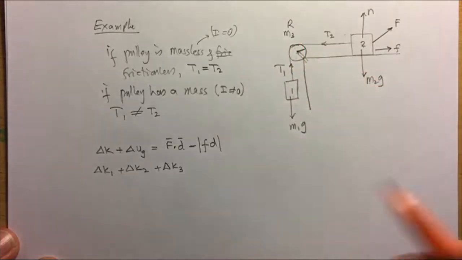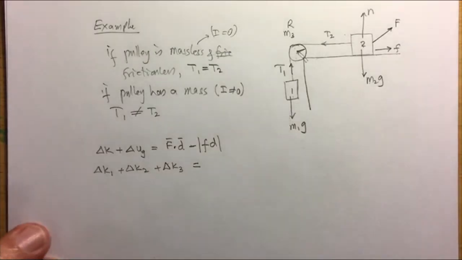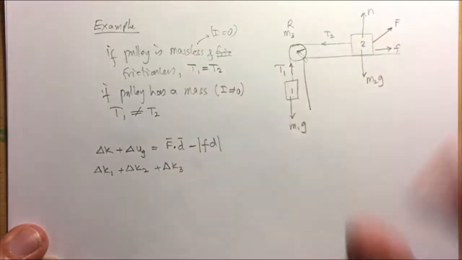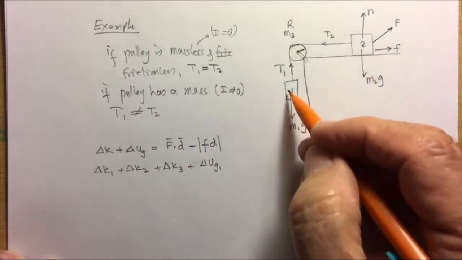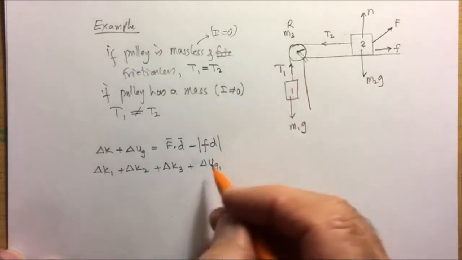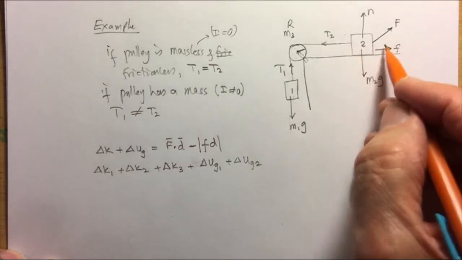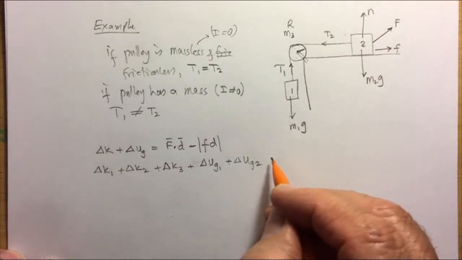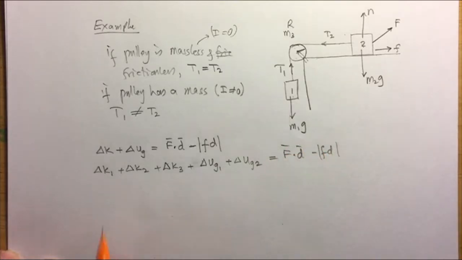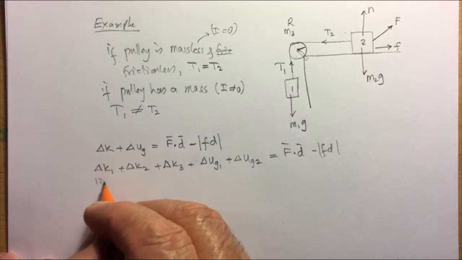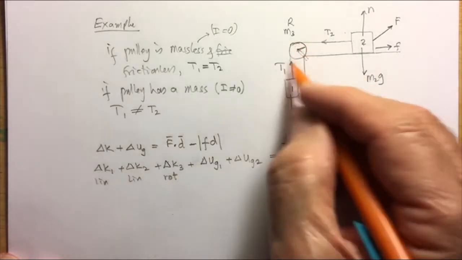Now as the pulley starts spinning, it will gain or lose some rotational kinetic energy, and that equals the delta UG for 1, that's the loss of potential energy for number 1, or the gain if it's going up, plus the delta UG for 2, any change in potential energy in number 2, which in this case is 0, equals F dot D minus Fd. So this would be a sort of a general equation. This would be a linear kinetic energy, this would be linear, and this would be rotational for this one.